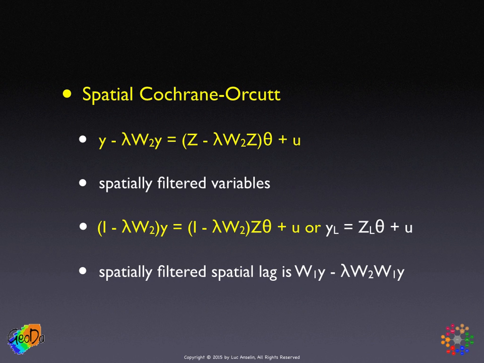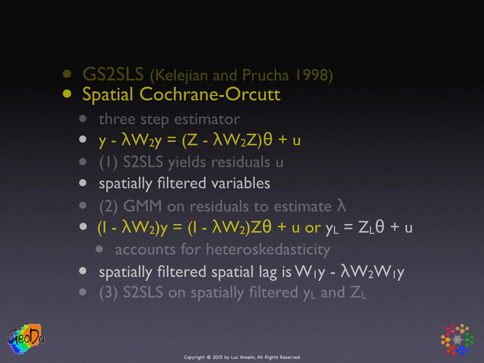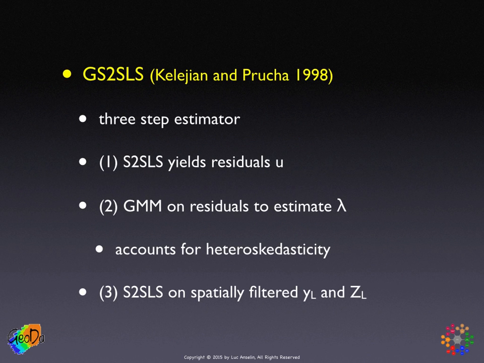The estimation of this model is accomplished by so-called generalized spatial two-stage least squares, or GS2SLS, initially introduced by Kelejian and Prucha. It's a three-step estimator. First step, we do spatial two-stage least squares to get consistent estimates of the parameters and get residuals in the model.